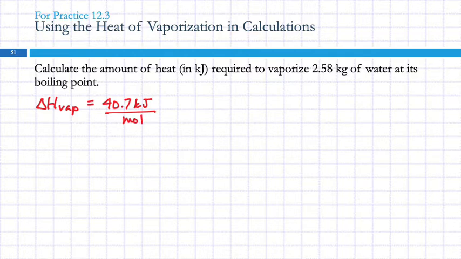Okay, so this is just dimensional analysis. So we need to look at the numbers, right? What are we given? Well, we're given this amount of kilograms, 2.58 kilograms of water. That's the only number that we are given. And then it's asking us to calculate the amount of heat in kilojoules.